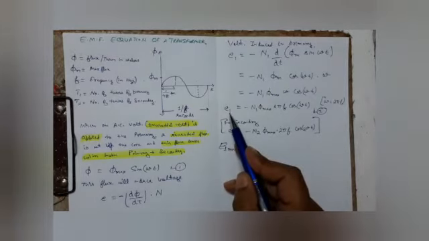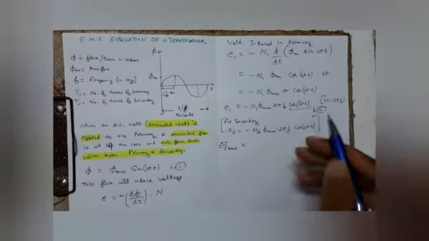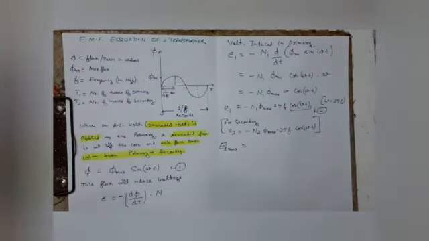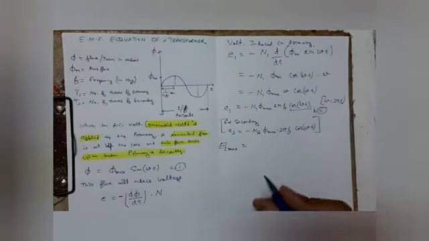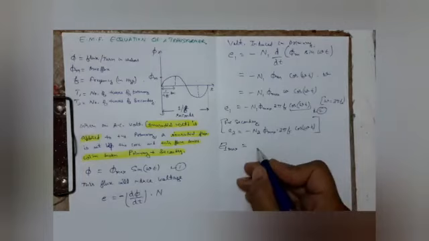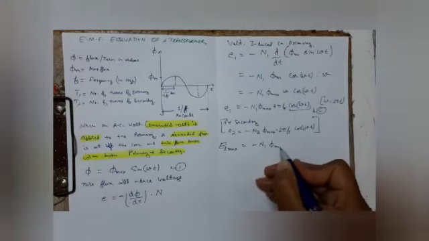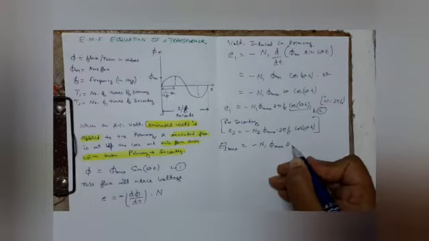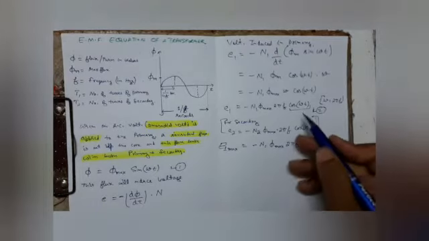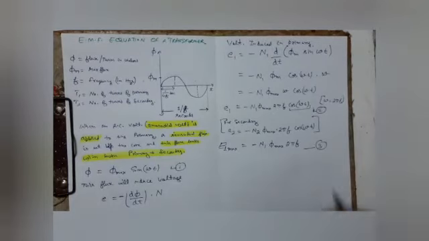This E1 will be maximum when this component is maximum, and the maximum value of cos omega t will be 1. So if we make this 1, that will be the maximum value of E1, that is E1 max will be equal to minus N1 phi max into 2 pi f, and this will be 1. So this is equation number 3.